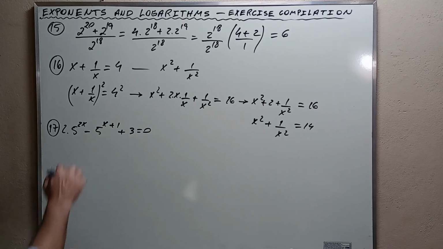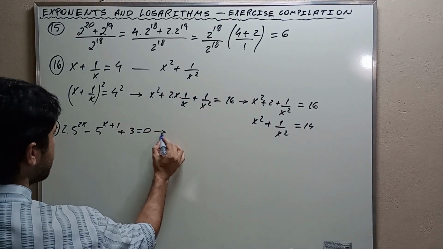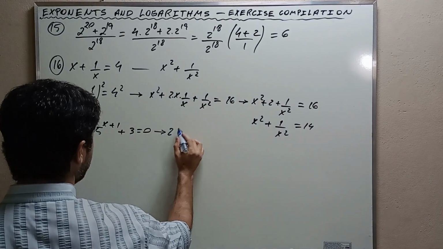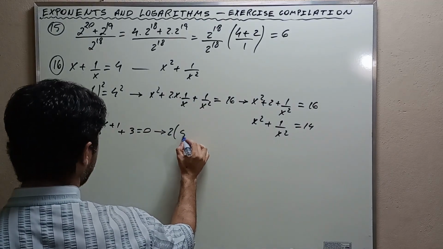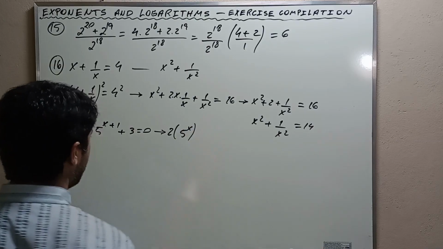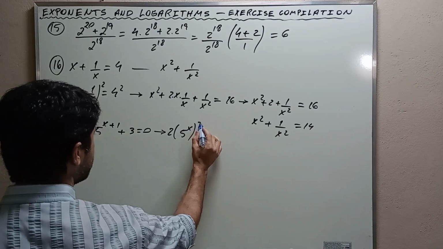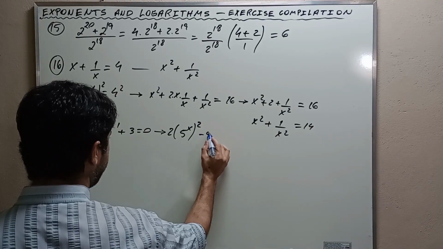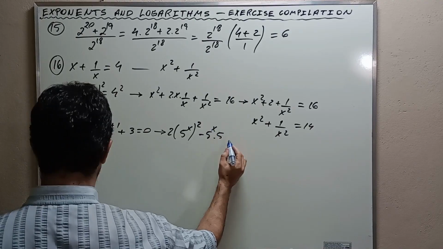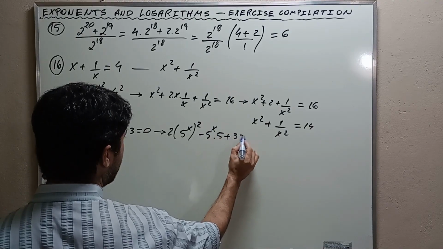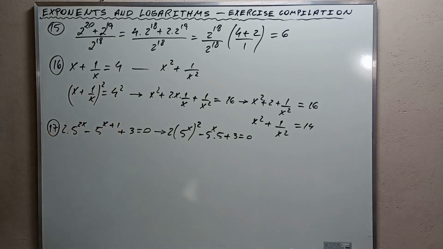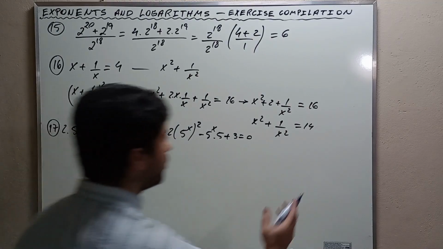Observe that the expression here can be converted to 2 times (5 to the x) squared minus 5 to the x times 5 plus 3 equal to 0. And we're going to do the following.